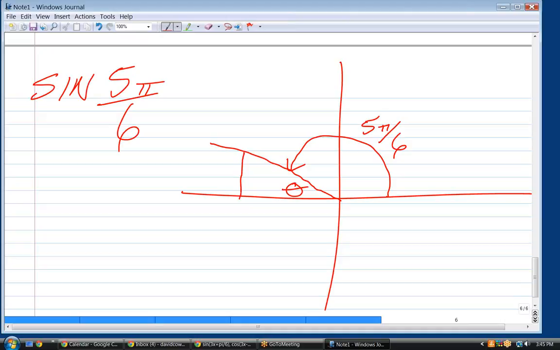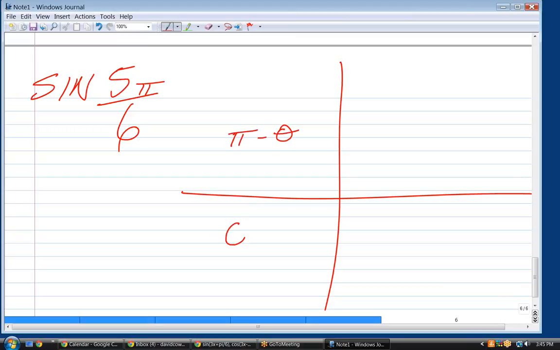Now, when you end up in a different quadrant, I think the best way to solve it always is using these rules. These rules basically tell you what that reference angle is.